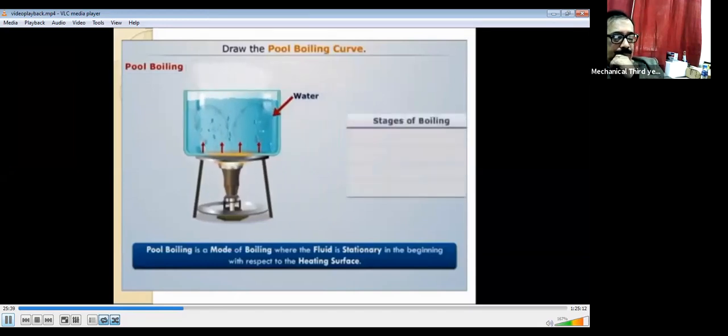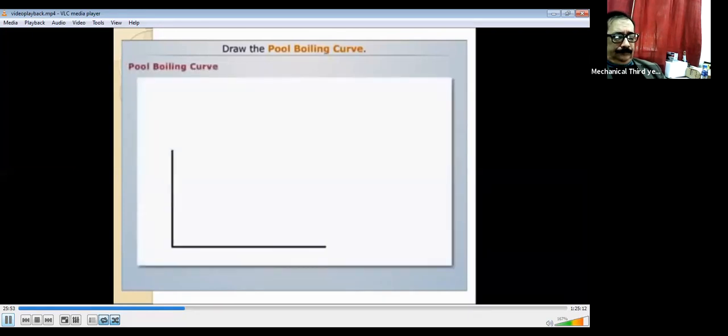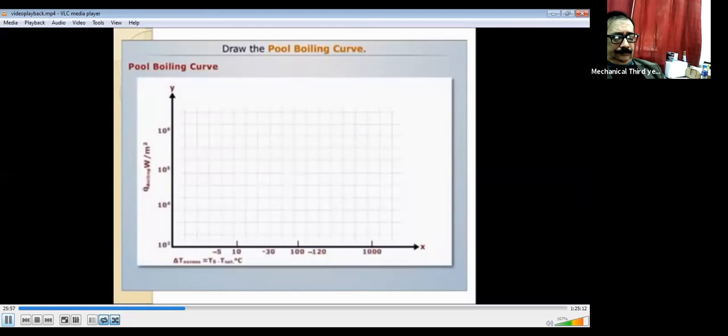Pool boiling takes place in different stages. They are free convection boiling, nucleate boiling, transition boiling, and film boiling. These different stages can be easily plotted on a heat flux temperature plot. The x-axis represents the difference between the current temperature and saturation temperature of water, which is represented by delta T excess.